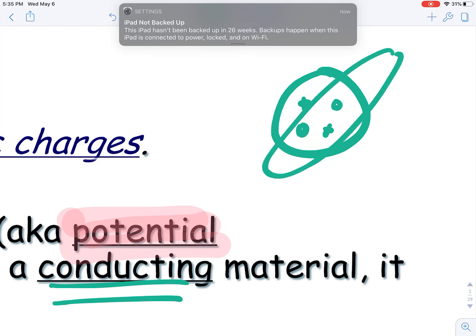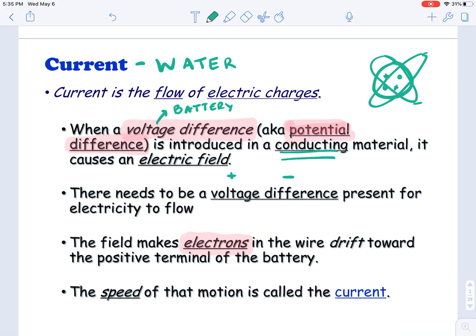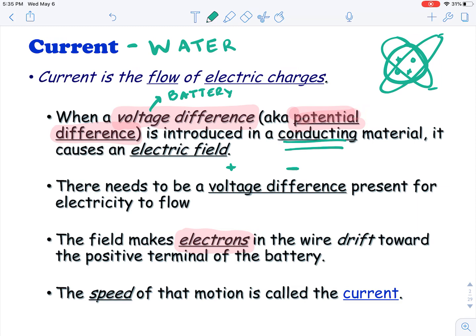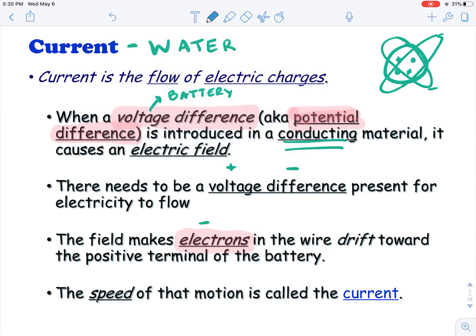The electrons are floating around outside of the nucleus, and because they're on the outside of an atom, they're the easiest to move around, so those charges are going to be the ones that move. And they typically have a negative charge. Well, that negative charge is going to want to be repelled from the negative side of the battery and move towards the positive end. How fast or how quickly this happens is what we call current.